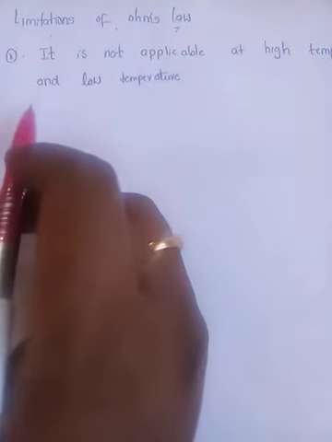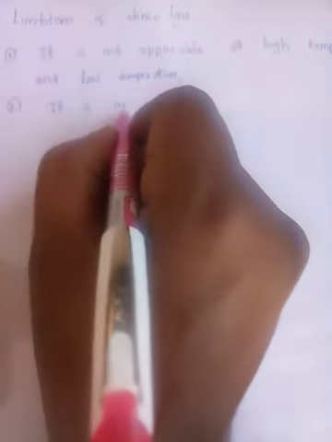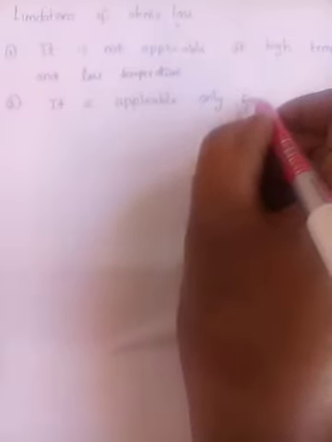So what are the limitations of Ohm's law? First one is what? It is not applicable at high temperature and low temperature. If the temperature is maximum or minimum, it is not applicable. Second thing is, as we already said, that it is applicable only for conductors.